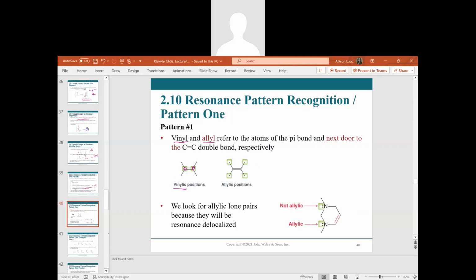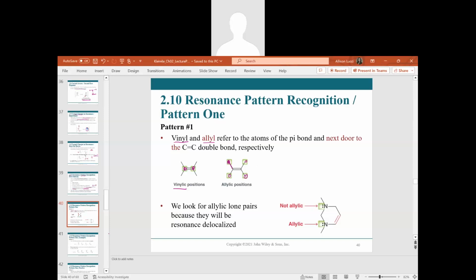These are called the vinylic positions. And then we have allylic positions, which would be all 4 of these carbons surrounding this double bond. So we have a double bond and then a single bond. This is the allylic position. But on the ends of this double bond, those are the vinyl positions.